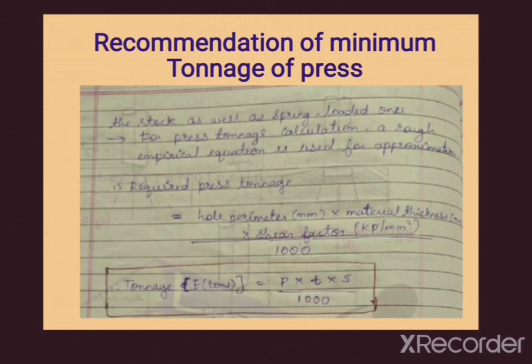The industrial CNC lathes are 5 ton, 10 ton, 15 ton. In this way it depends upon the cutting force of that machine. Is it clear? The next concept we will discuss is center of pressure.